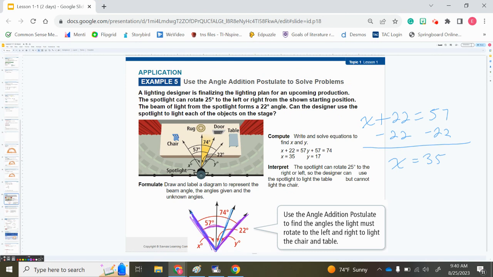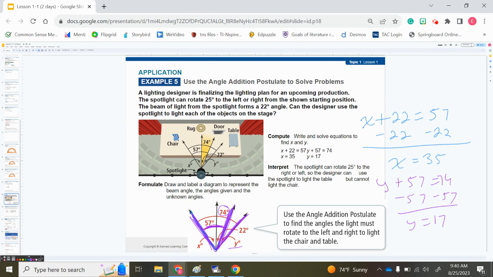I know I have this guy right here, and this is the ray in question. So I have the 74 total angle. I have this whole thing is 57, and this is the part I don't know. So I'm going to put this as y plus 57 equals 74 degrees. I subtract the 57 from each side. This is y is equal to, in this case, 17.